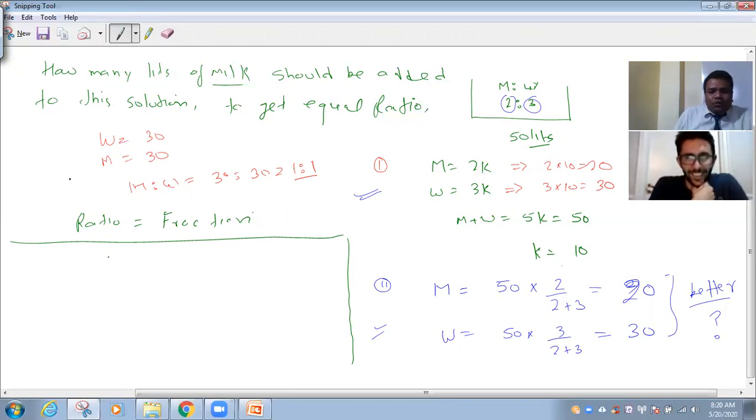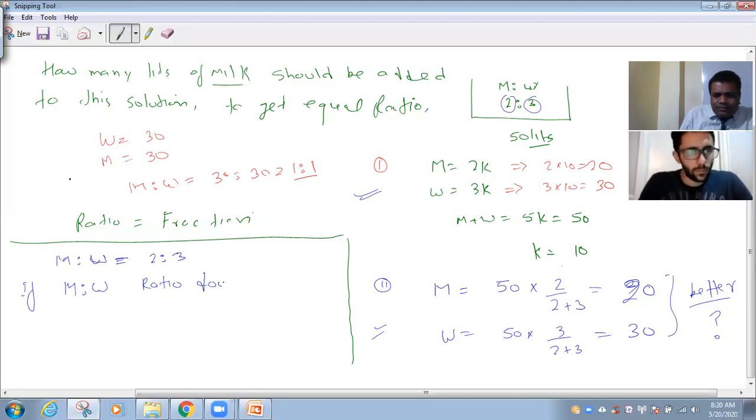Okay. Now, at present, the milk to water ratio is given as how much? 2:3. I'm talking about the same solution. At present, the milk to water ratio is 2:3. If the milk to water ratio is doubled, then what is the new ratio? Can you tell me? Don't feel pressure.